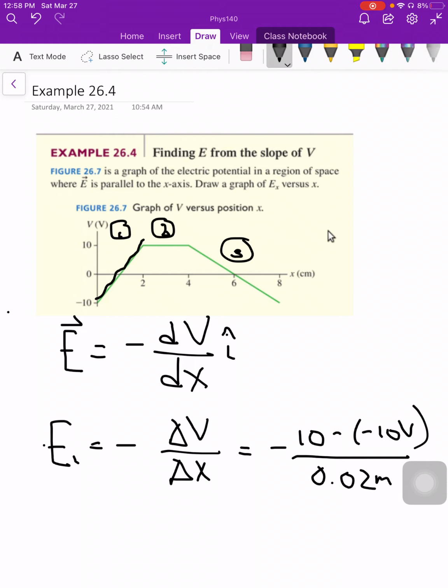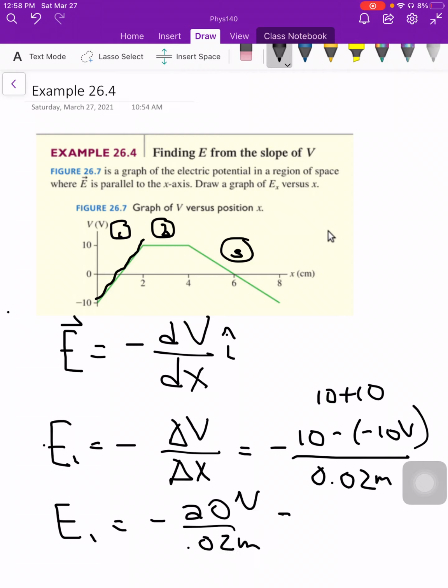And if I work that out, 10 minus a negative 10 is 10 plus 10, so that gives me negative 20 over 0.02 meters, volts, and with the negative out front that's going to equal 1,000 volts per meter. So that's for area 1, that's the electric field.